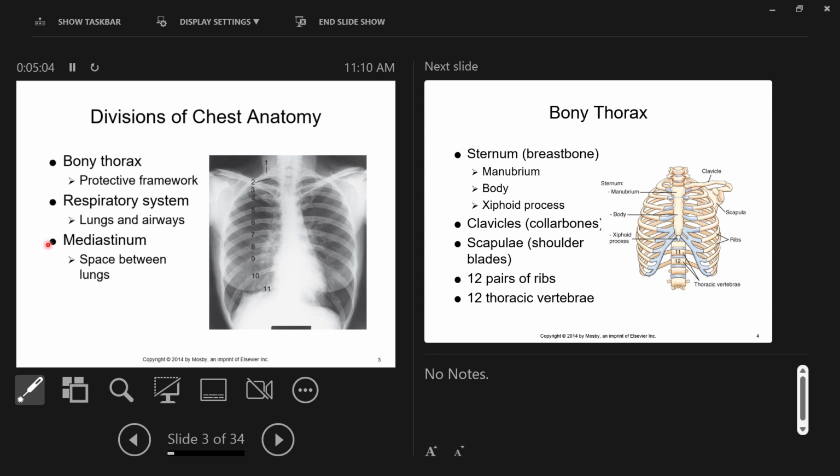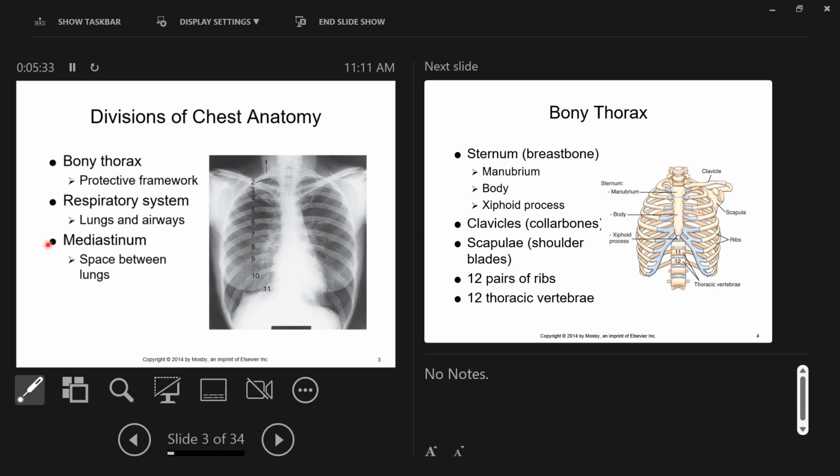There's a lot of important stuff in the mediastinum, such as your heart, the great vessels coming into and out of your heart, your esophagus leading to your stomach, your thymus gland, which is a gland of the endocrine system, your trachea, which leads to both lungs. It's a breathing tube going to both lungs. So lots of important structures in the mediastinum.